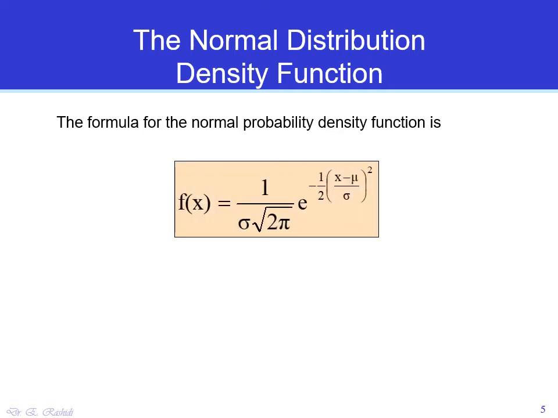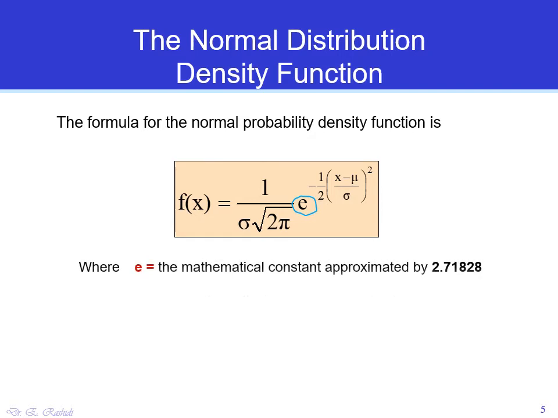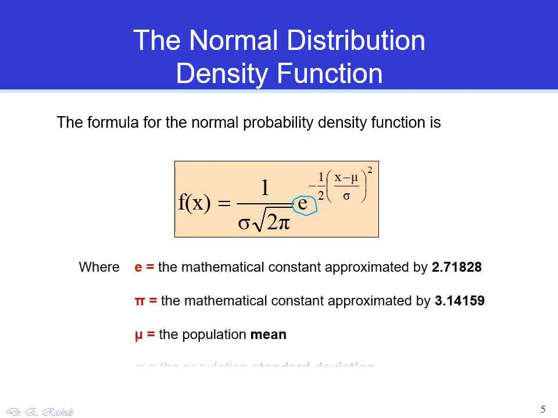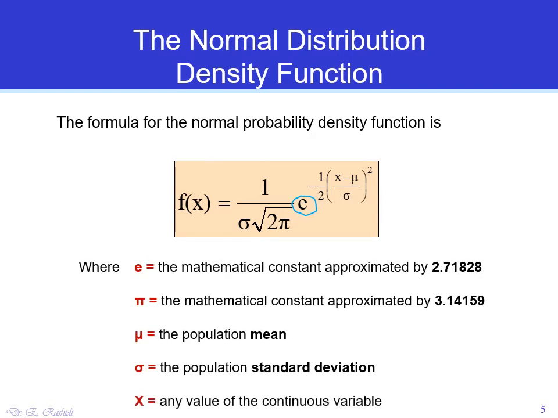As you see, this is a pretty complex formula. Here, e is the Neperian, or natural, number, the mathematical constant that is approximately 2.71828. This is of course pi, the mathematical constant 3.14. Sigma is the standard deviation, x is the random variable, and mu is the average.